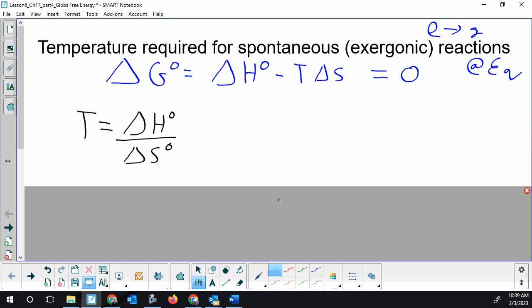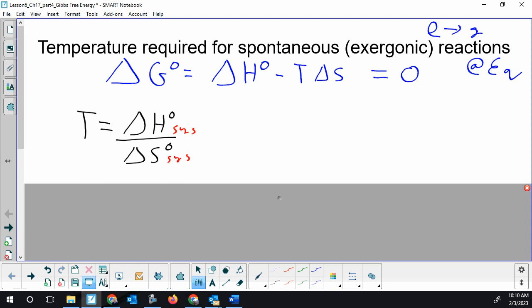If you solve for temperature, I'm not going to bother doing that math, you get temperature is change in enthalpy divided by change in entropy. Now I'm going to leave out the states. I'm going to put them in just for emphasis. This is now for the system, and everything here is system. We got pretty much the same relationship we had before, except we had different states.